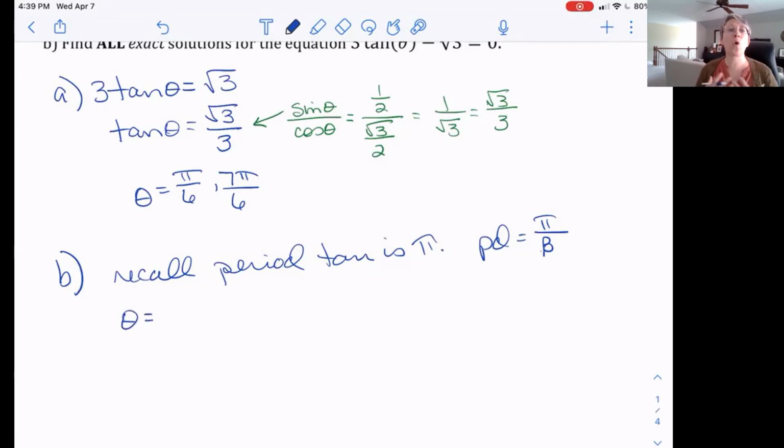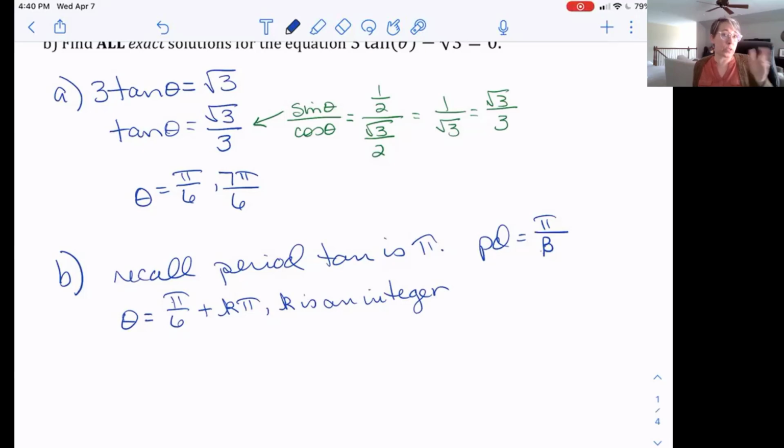So to represent all solutions in perpetuity, we would start with the one we found, pi over 6, and then add every k pi, where k is an integer. In other words, -1 pi, -2 pi, or 0 pi, 1 pi, 2 pi, 3 pi. Every time we go around, we would hit that same place on the graph.